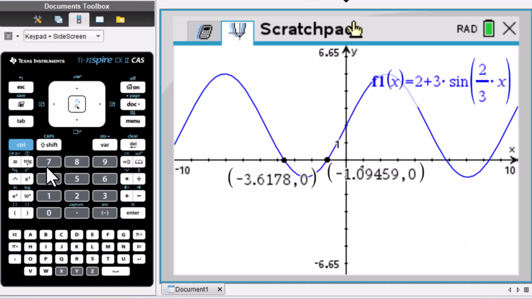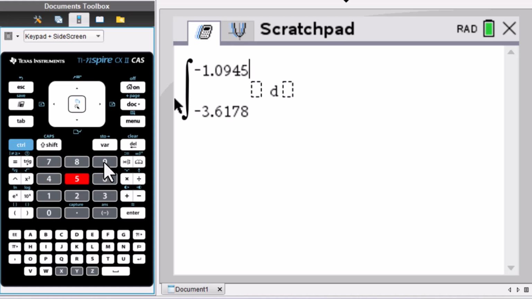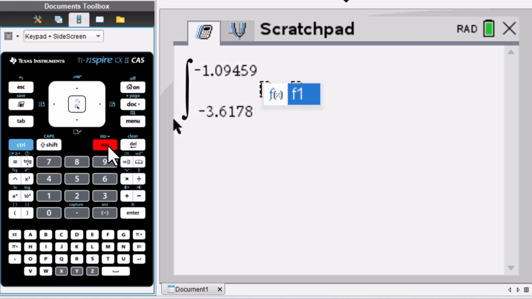Let's go to calculator. Shift plus is a definite integral from negative 3.6178 to negative 1.09459. We already put the function into f1 of x, so click this variable x, then dx.